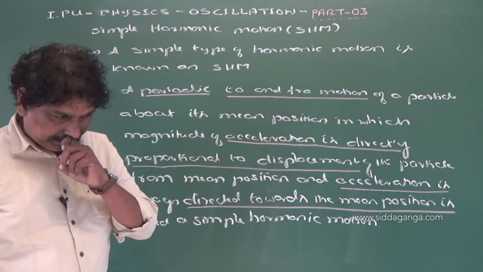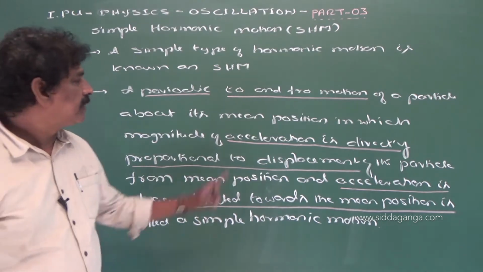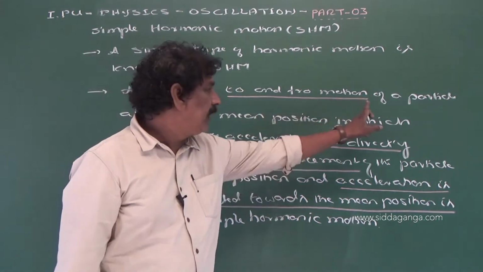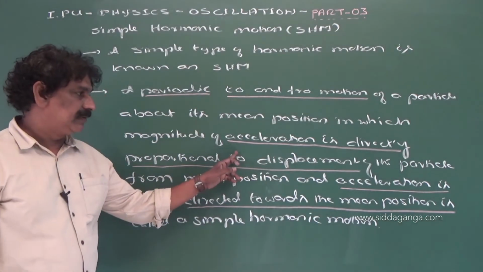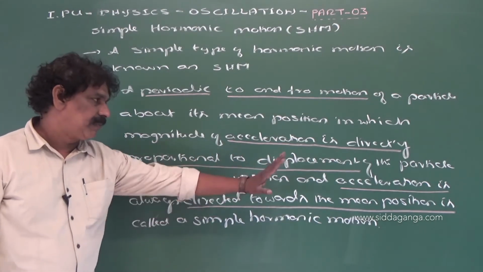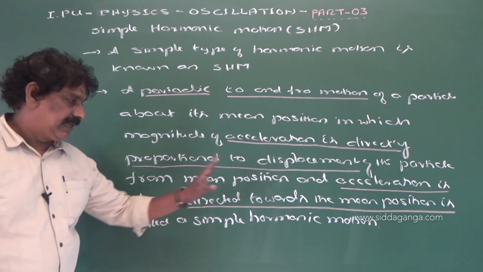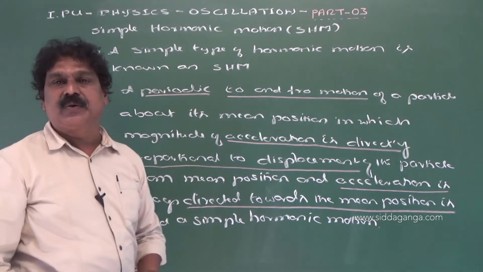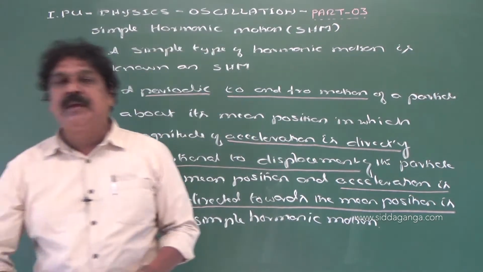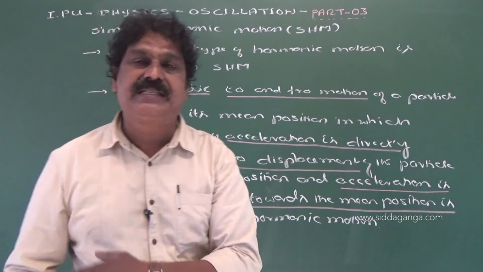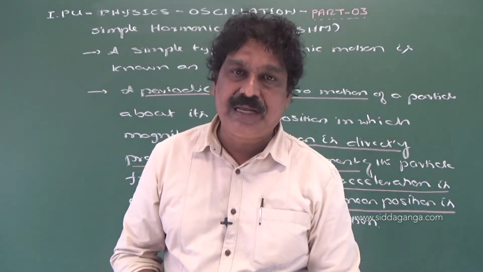See, number one, periodic; number two, to and fro motion; number three, acceleration is directly proportional to displacement, and acceleration is always directed towards the mean position. So when a motion satisfies these conditions, it is said to be a simple harmonic motion.